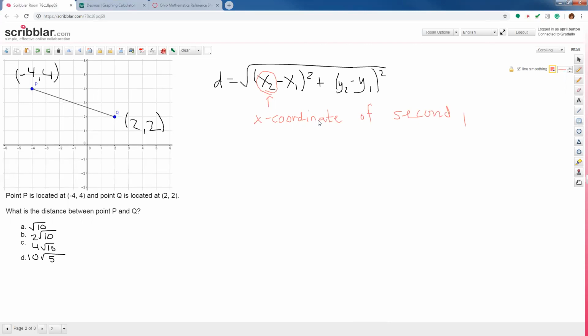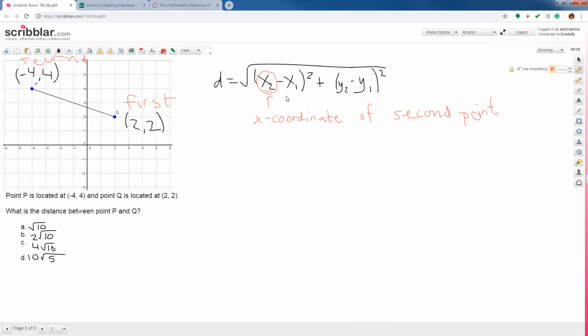Not 2 times. It's just saying this is the second point. You're working with 2 points, so we can call this the first point and this the second point. And it actually doesn't matter if you wanted to call the negative 4, 4 the first point and the 2, 2 second point. You just have to pick.